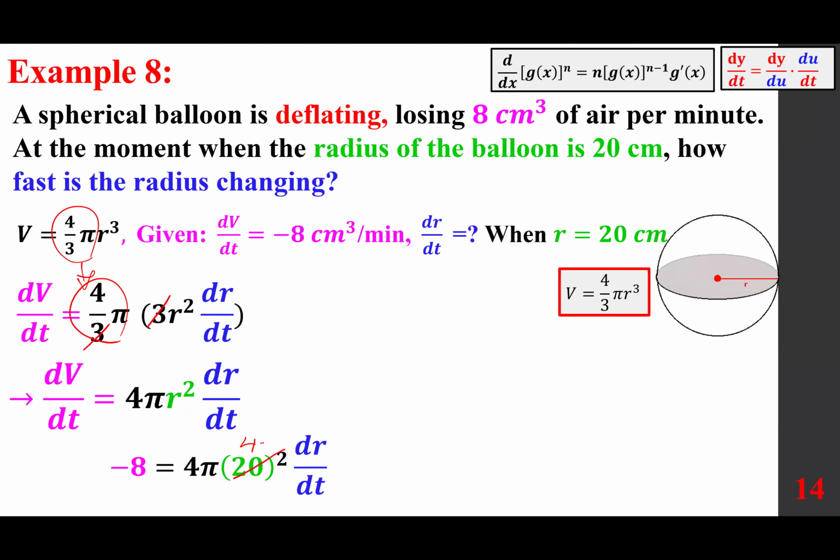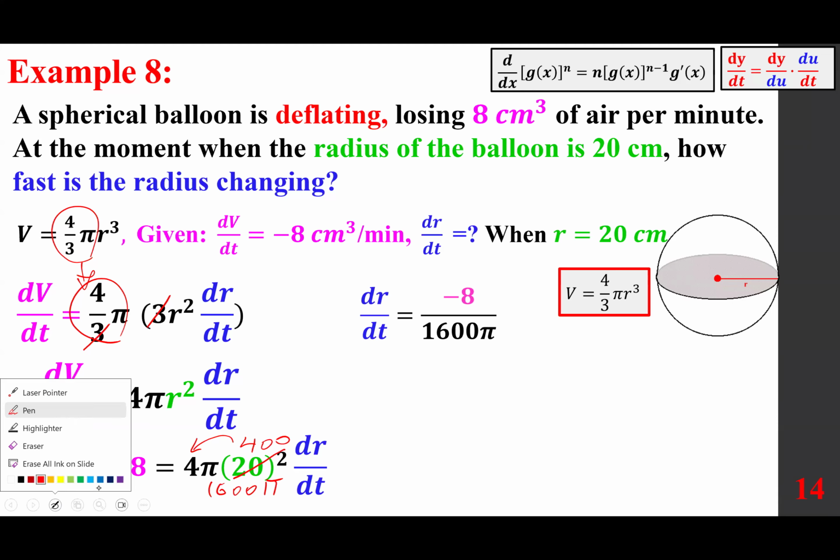20 squared is 400, times 4 is 1600. So we have 1600 pi dr/dt. We're going to divide by 1600 pi. Minus 8 and 16 cancel each other. This becomes minus 1. This becomes 2.